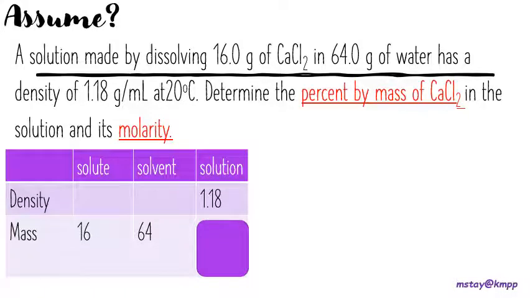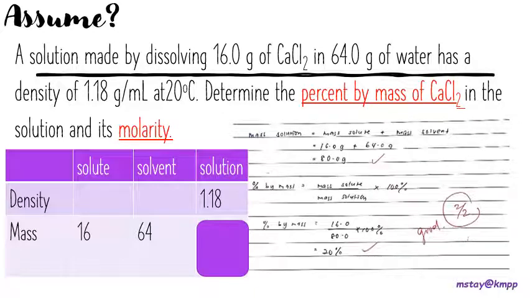Now, let's solve question example 4. As usual, transfer all the information given in the question to the table and then list down the formula: percentage by mass equals mass of solute over mass of solution.